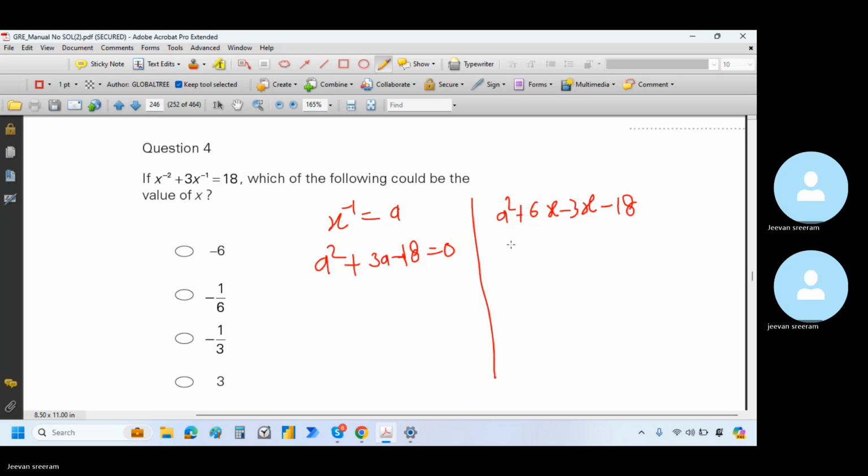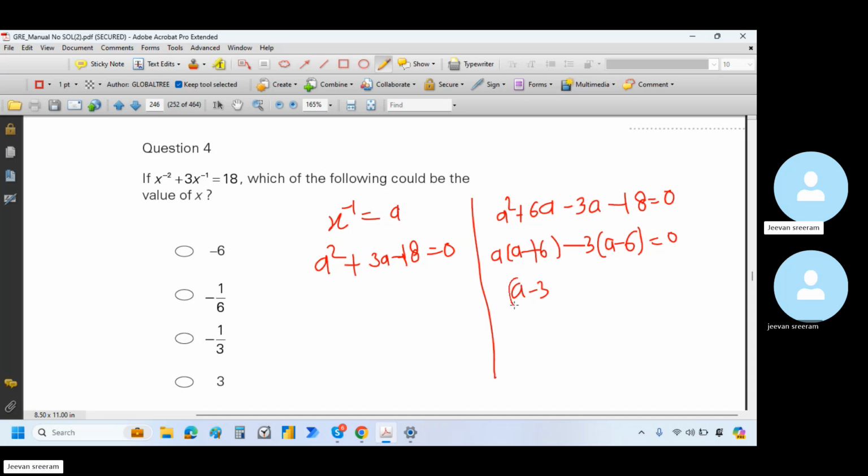So in terms of a, 6a minus 3a minus 18, 0. A plus 6, minus 3, a minus 6, 0.